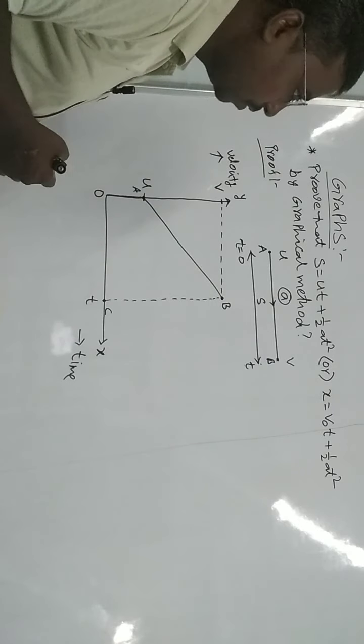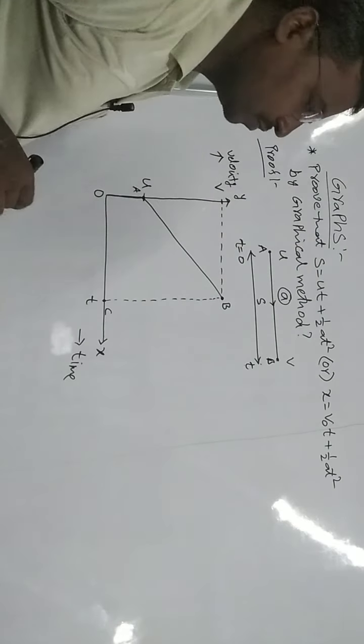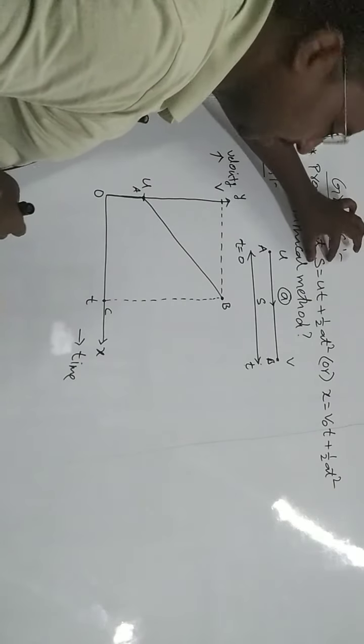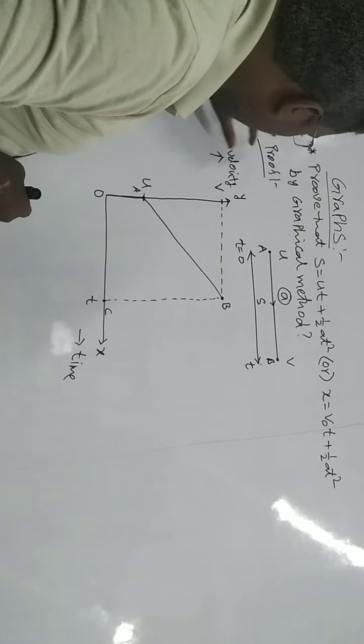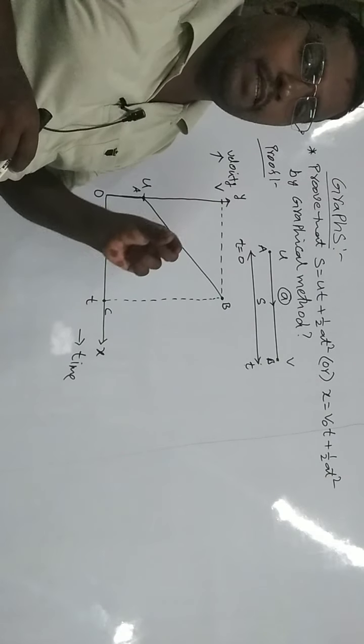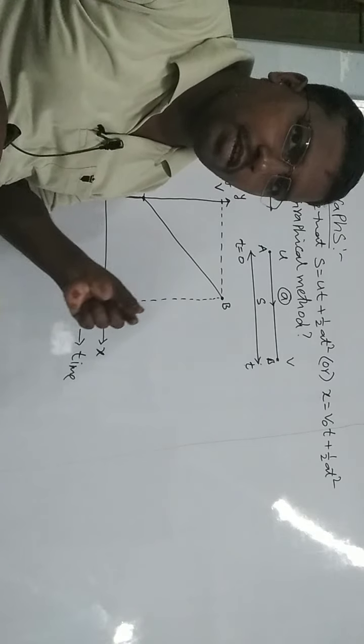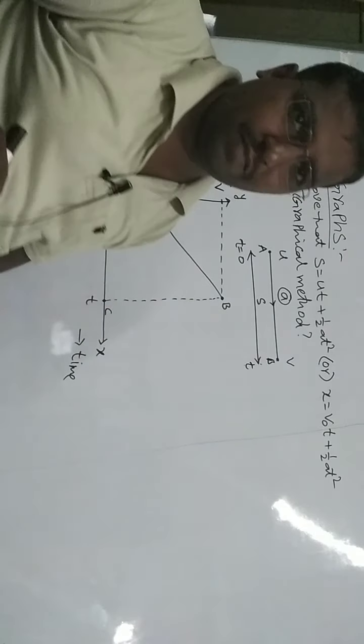So we have to prove displacement equals ut plus half at square. For the velocity-time graph, that is the Vt graph, the area under the Vt graph gives displacement.